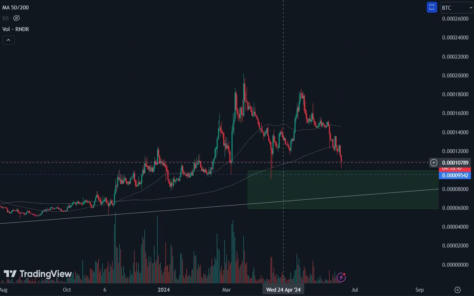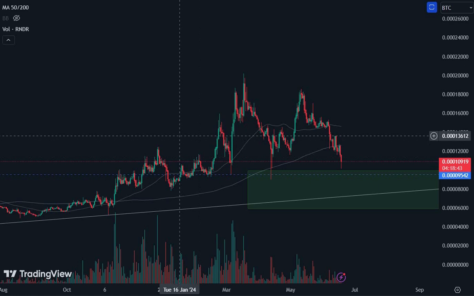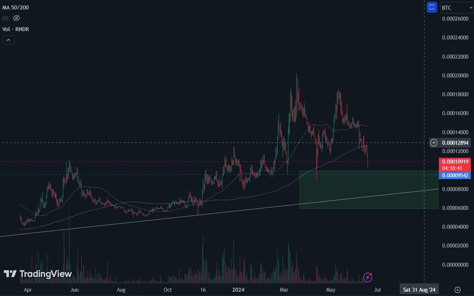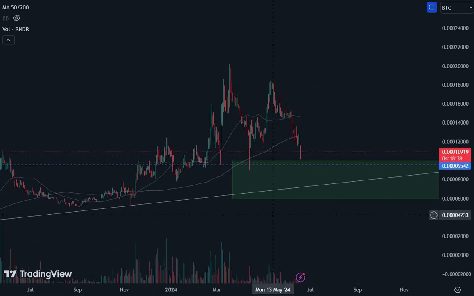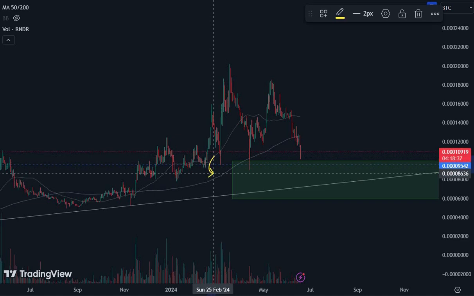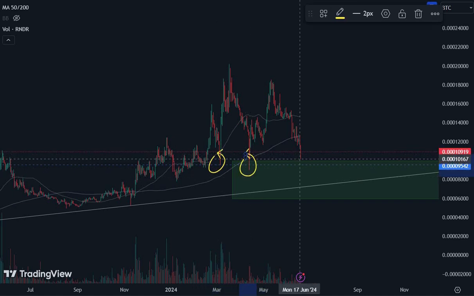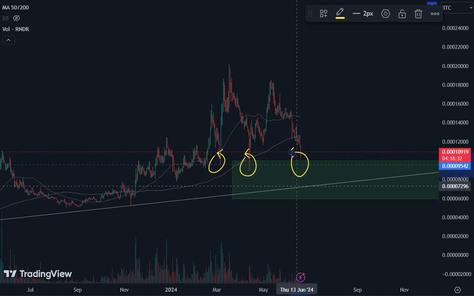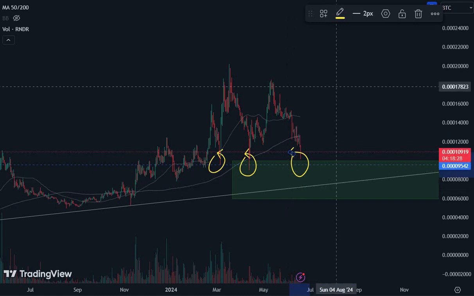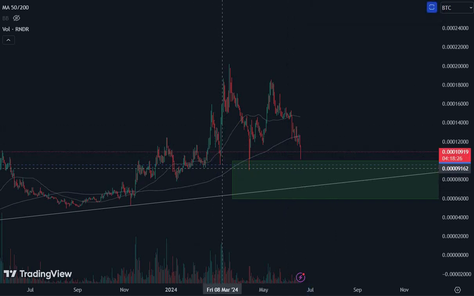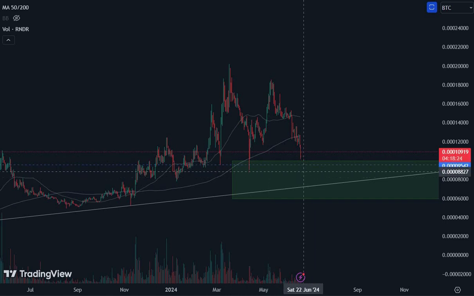Now let's take a look at something I'm always really interested in, which is the RENDER BTC chart. As you can see here, we have a couple of wicks reaching this order box that I presented in my previous update. We're bouncing off those levels because the buying pressure is really strong.